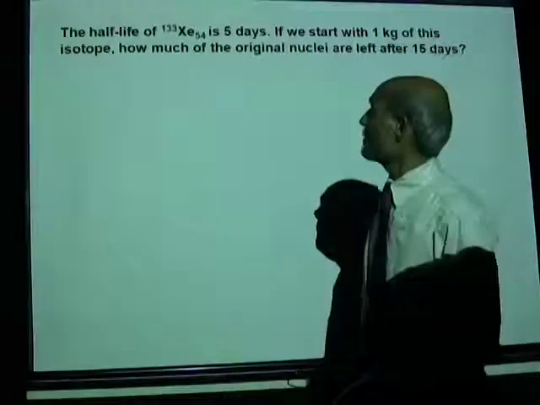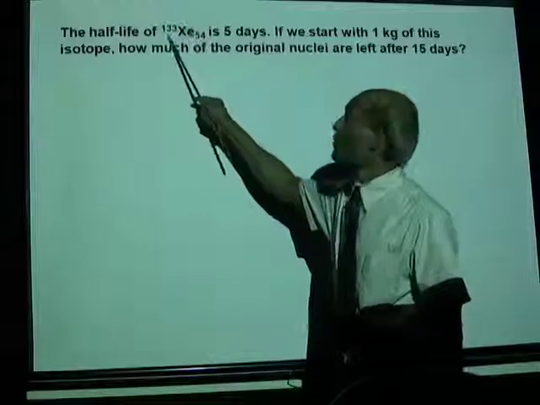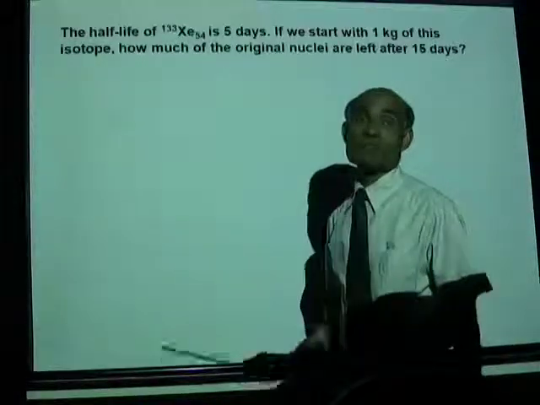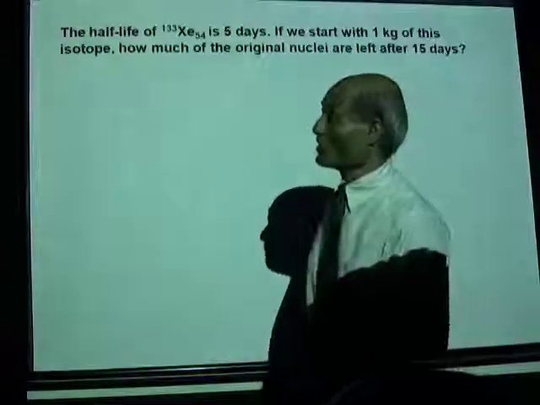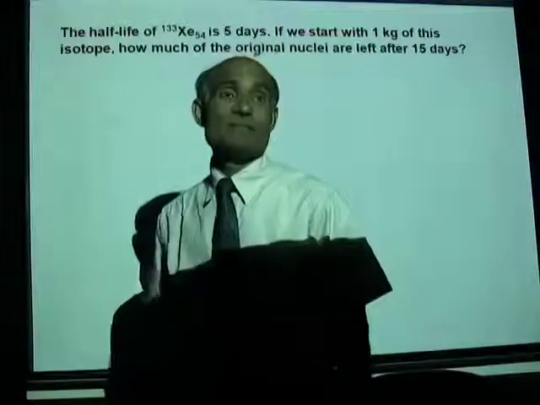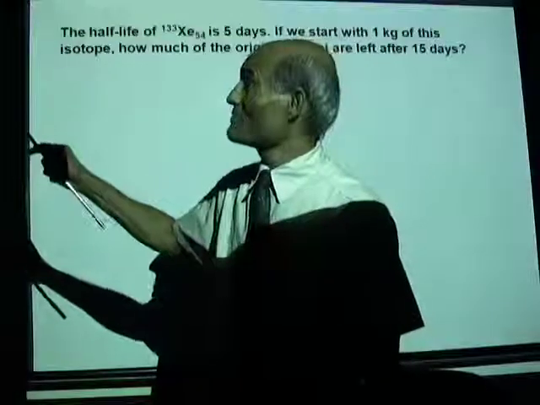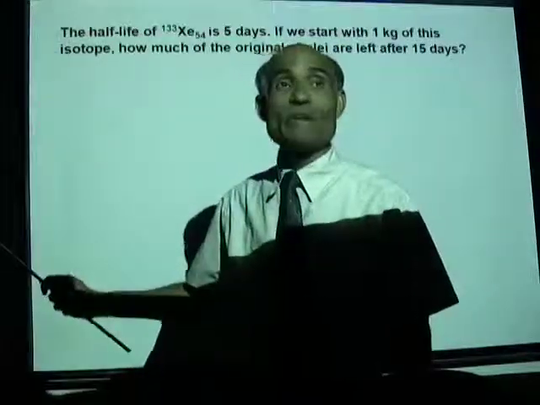The half-life of xenon-133, an isotope of the element xenon. You know where that is in the periodic table? It's one of the noble gases. If you look at the noble gases: helium, neon, argon, krypton, xenon, and radon.